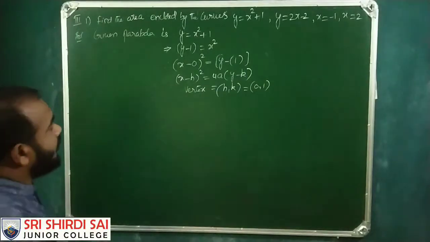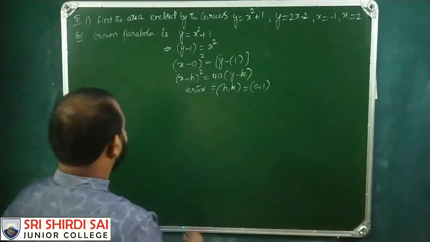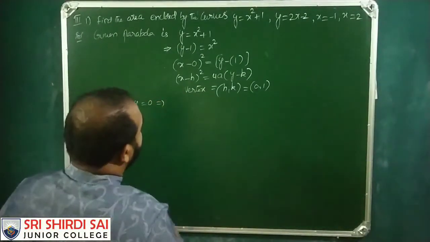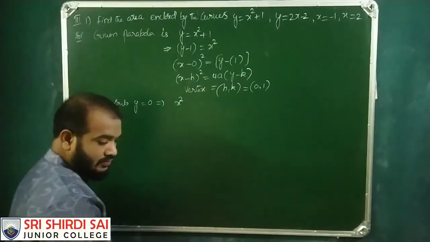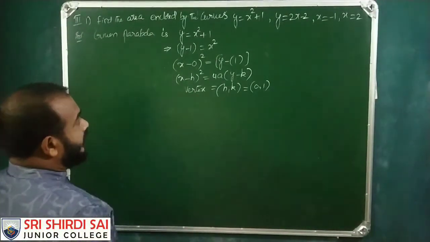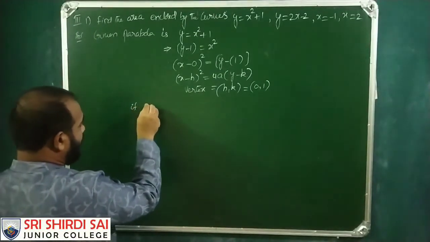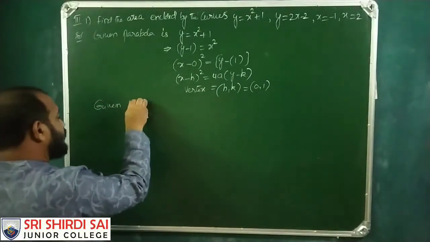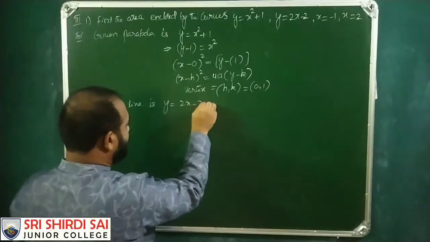Next, where it intersects the x-axis, that also we know. Substituting y equals 0 implies x square plus 1 equals 0, which is not required. Next, y equals 2x minus 2. The given line is y equals 2x minus 2.